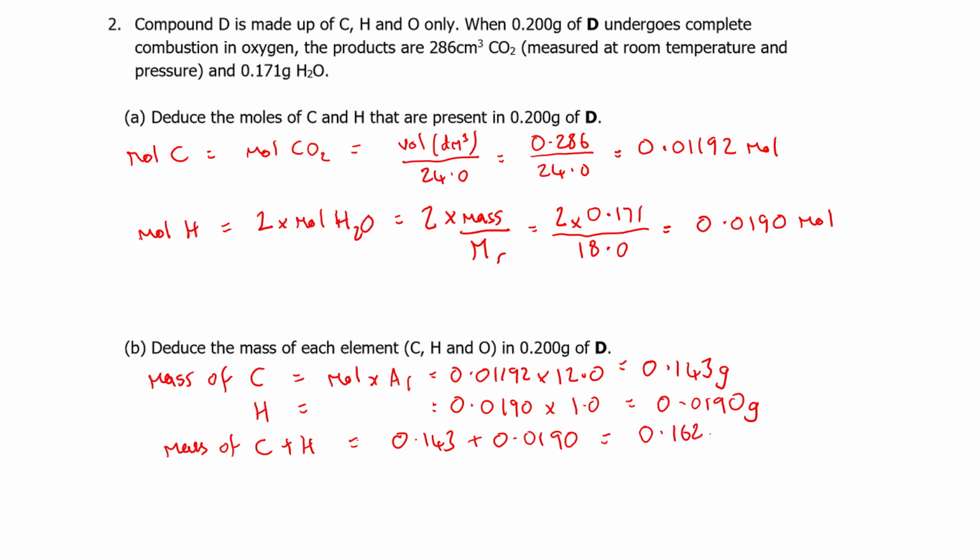And as we anticipated, that's less than 0.2 grams, and the difference is the mass of oxygen. So now we can work that out. So the mass of oxygen is the total mass of D we had, which was 0.2, minus the contribution from the carbon and hydrogen, which is 0.162, and that difference comes to 0.038 grams.